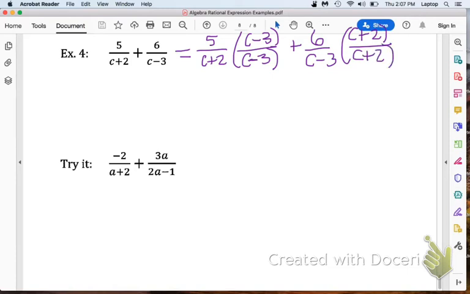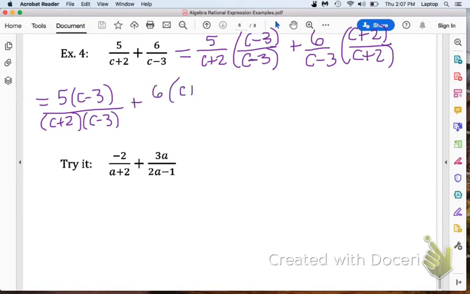All right, so now we have 5 times (c minus 3) all over (c plus 2)(c minus 3), plus 6 times (c plus 2) all over, it doesn't matter the order of the fractions here, we can keep it the same, (c plus 2)(c minus 3).